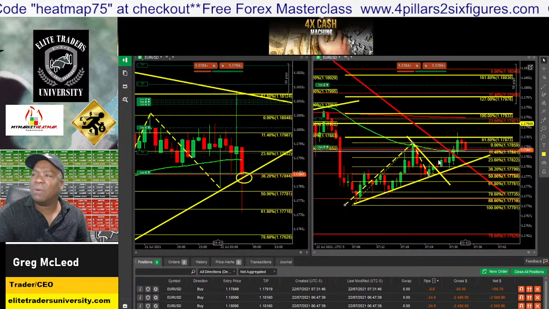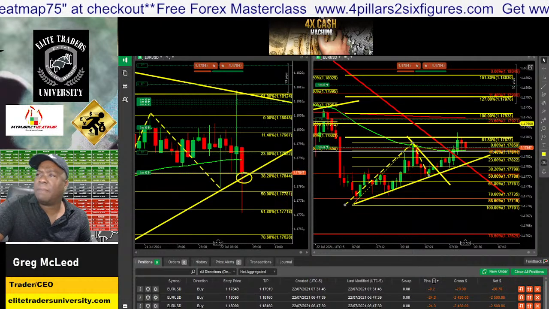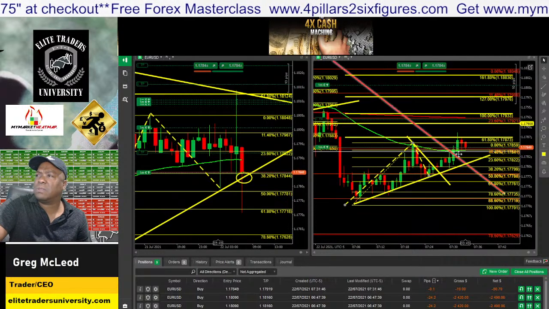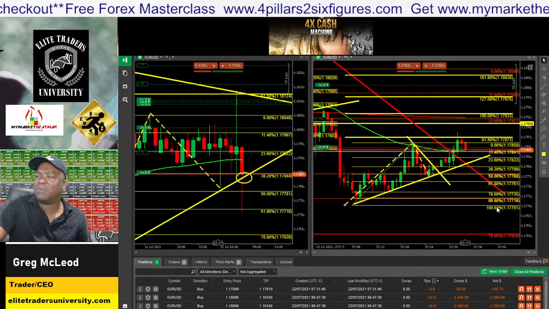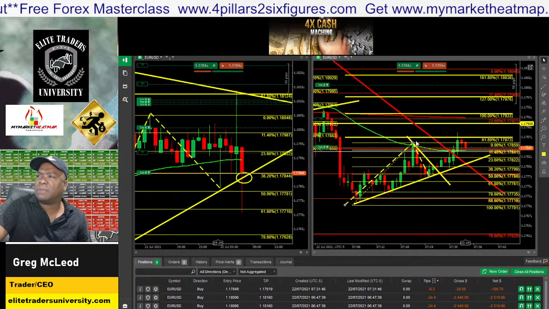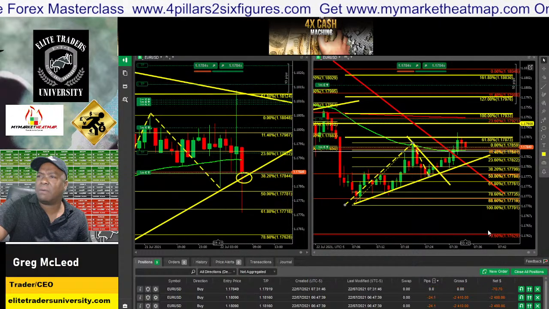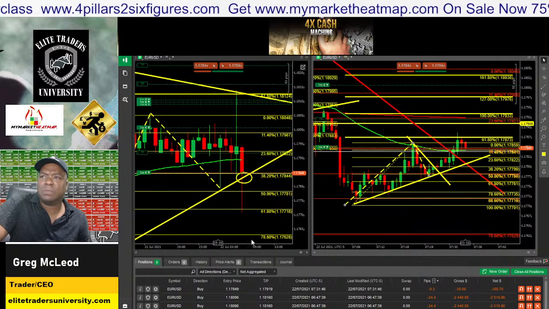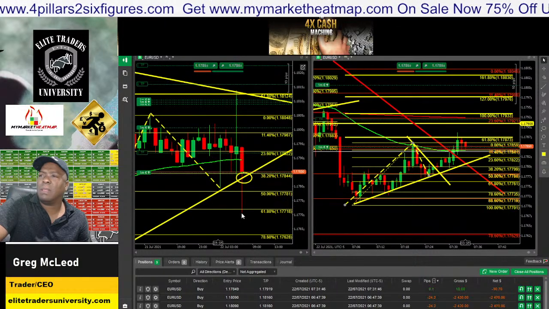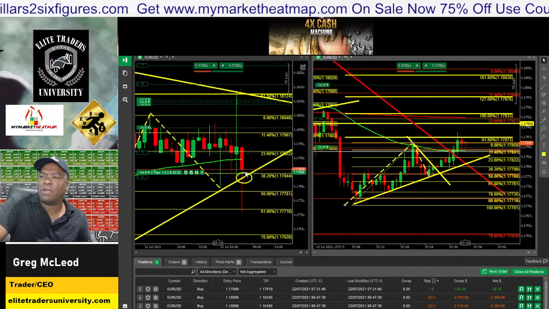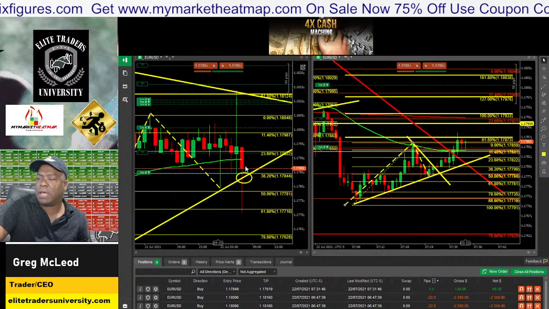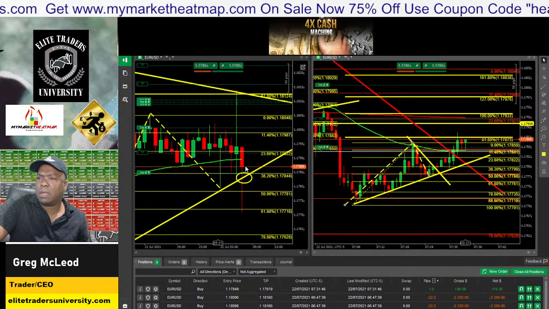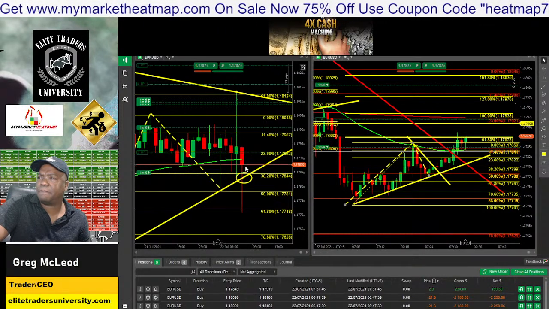Okay, so we are still looking. See, we tagged the 618 and got a little bit above the old high there. And this long wick is very bullish on a 1-hour chart. We won't have a closing candle for about 25 minutes.